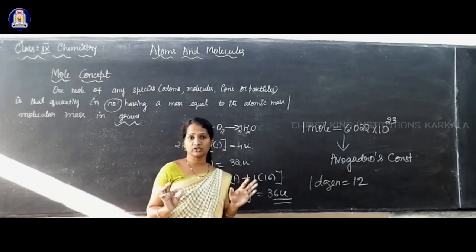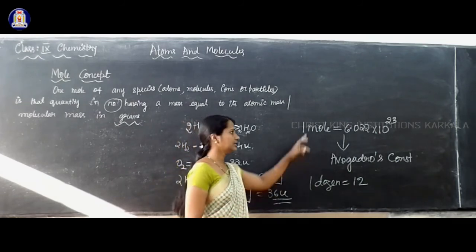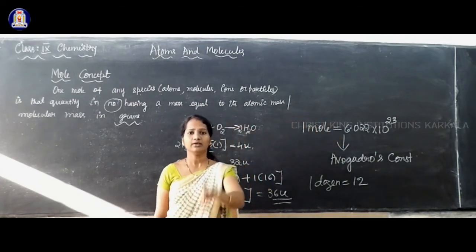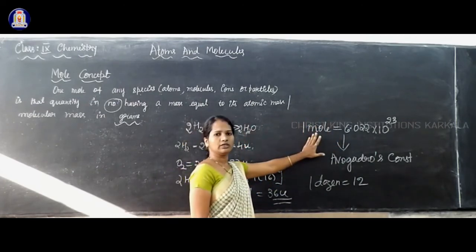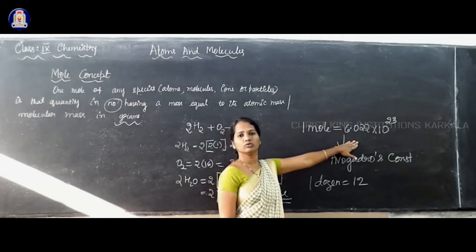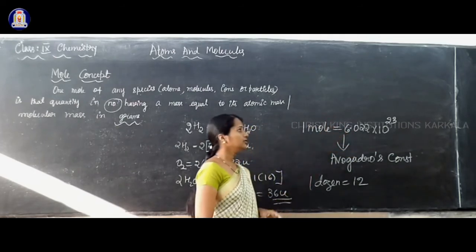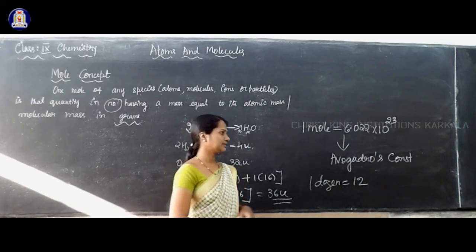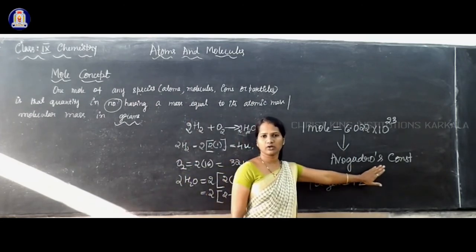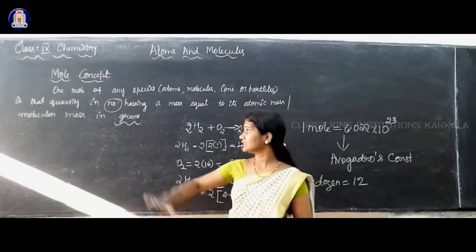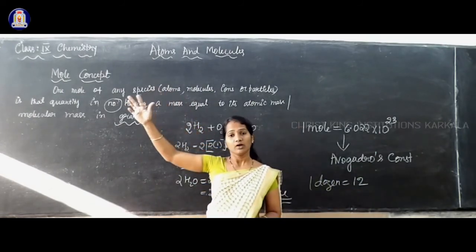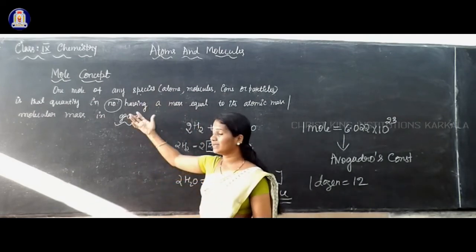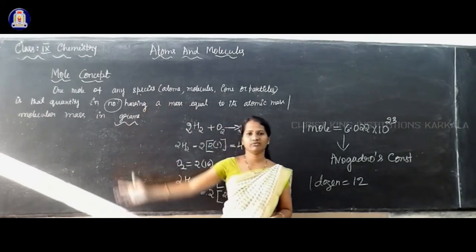Don't worry much about this. Just as we say 1 dozen is 12, in the same way 1 mole is this much. That constant we call Avogadro's number or Avogadro's constant. About this mole, you will understand better while solving problems. It will be more clear for you.